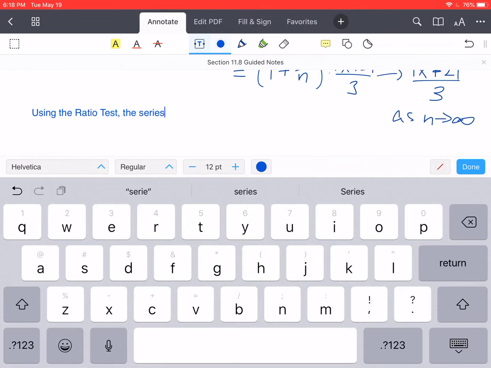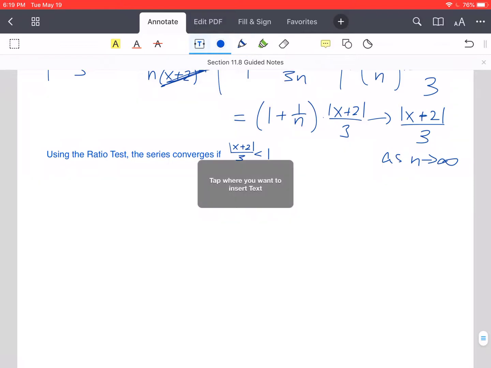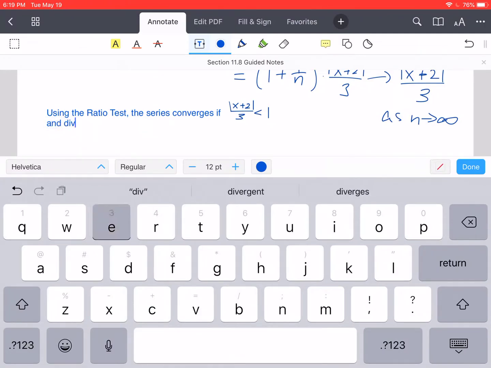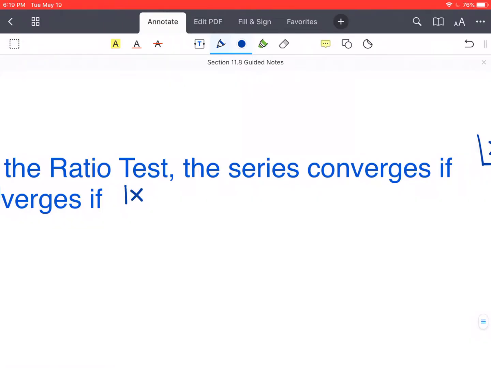the series converges if we have the absolute value of x plus 2 over 3 is less than 1, and diverges if we have the absolute value of x plus 2 over 3 is greater than 1.